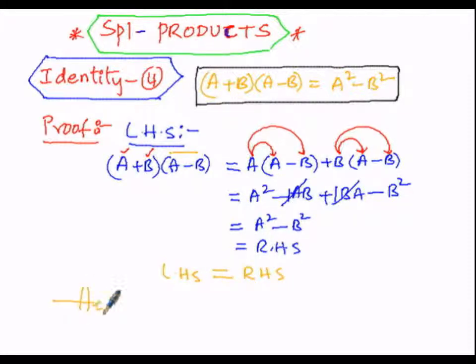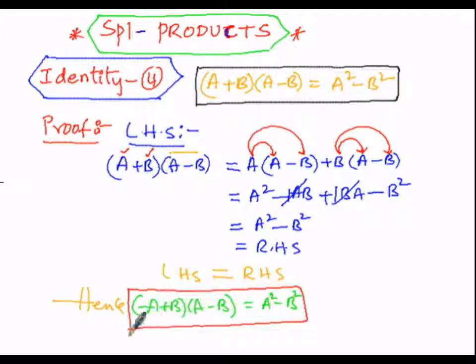Hence, we proved (a plus b) into (a minus b) as a square minus b square as the identity number 4 by means of the algebraical method.